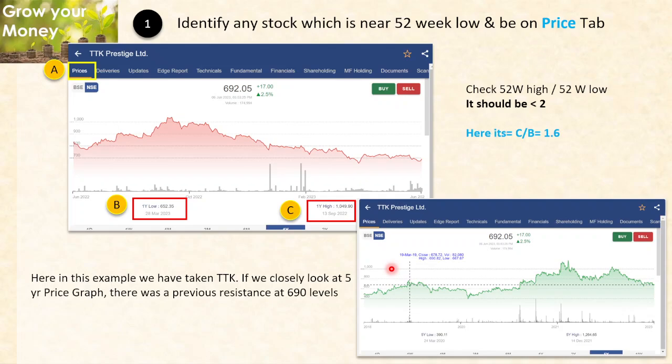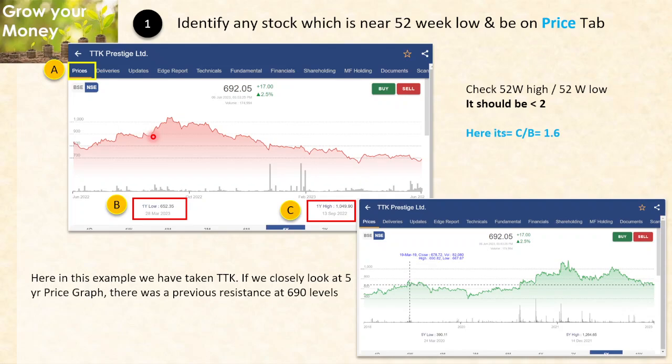Whenever you try to search for the company, the first page that it shows is the prices tab. Okay, and in that it will show the graph for that particular day. So you have to click on 1Y to see the 1 year graph.